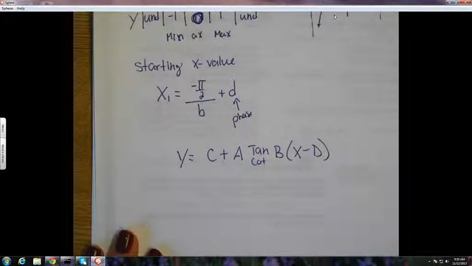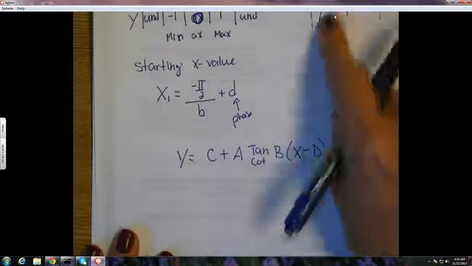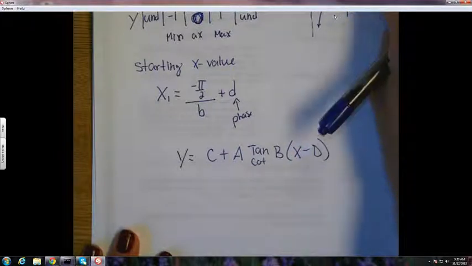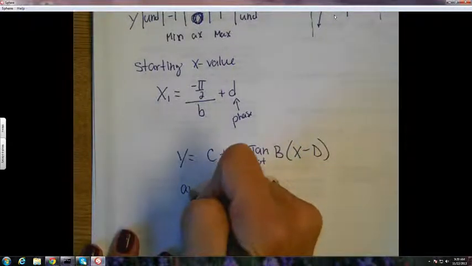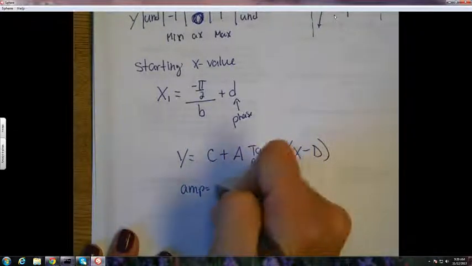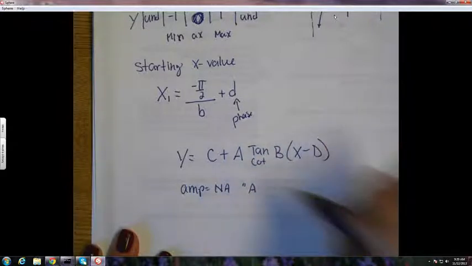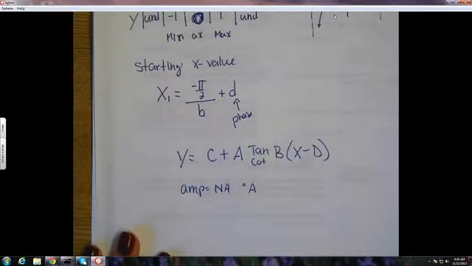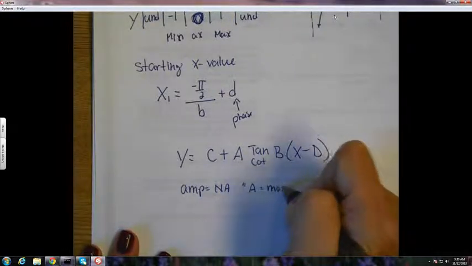Okay, the A is in the amplitude spot, but again, these graphs go down forever and up forever. Amp is a measurable distance, so what are we going to say for amplitude? NA. But we are going to use the A number for our max and min values, even though those aren't maxes and mins, they're just giving us the direction that it's going. A will give us max and mins in our table.